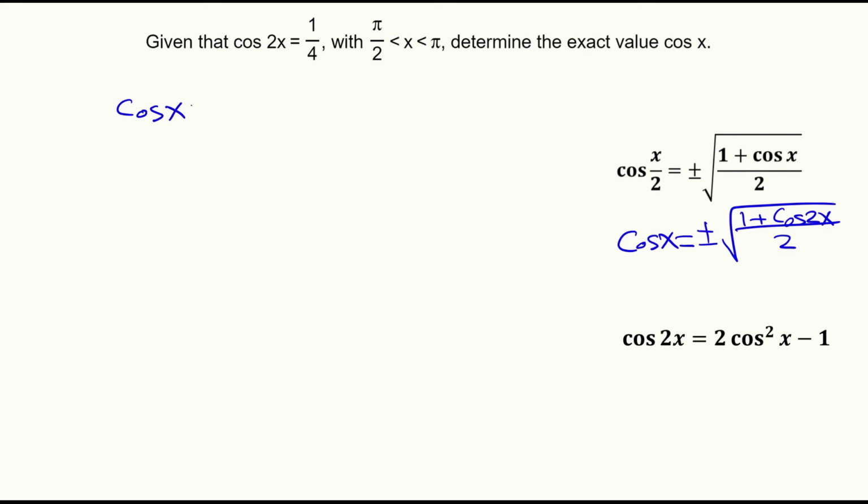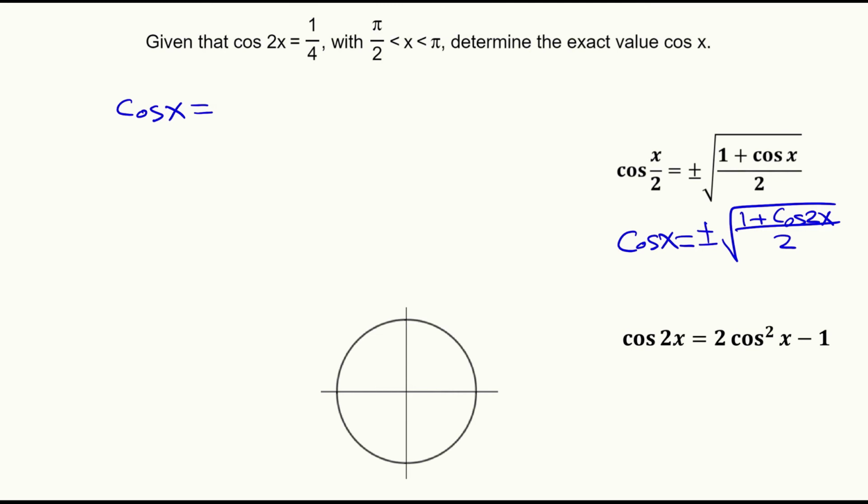So we have cosine x equals, now we have to think about the sign, so we'll bring in the unit circle again. Notice that x lives between pi over 2 and pi. So we know that pi over 2 is here, pi is here, so x lives somewhere in here. So we know that in this region, cosine is going to be negative, because the cosine of an angle is the x value associated with it.